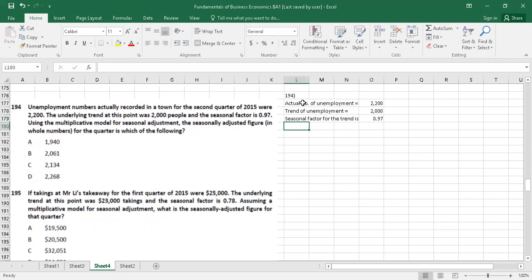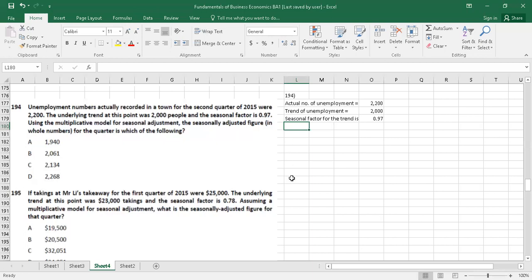So the question says to use the multiplicative model for seasonal adjustment. The seasonally adjusted figure for the quarter is what? The actual data is 2200, the trend data is 2000. When the trend data is 2000, for that trend the seasonal factor is 0.97. So adjusted according to actual.